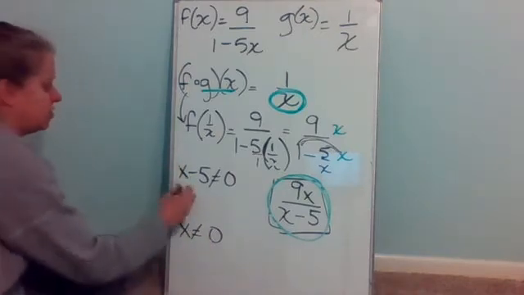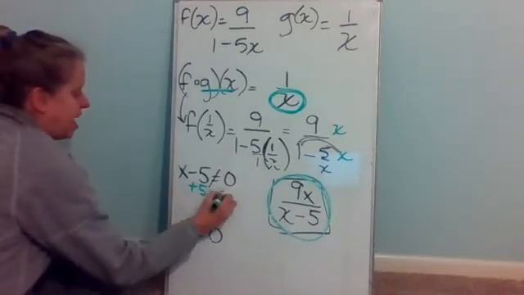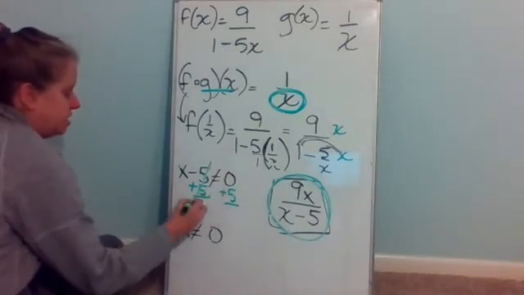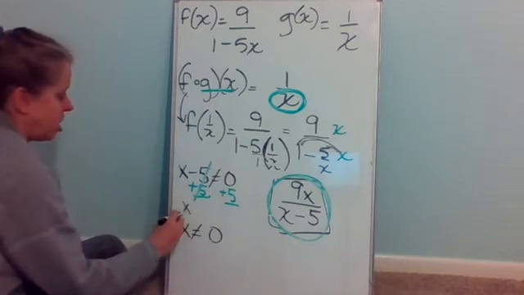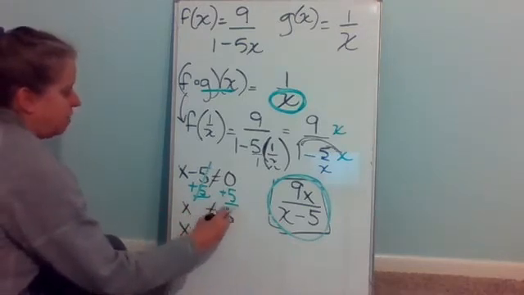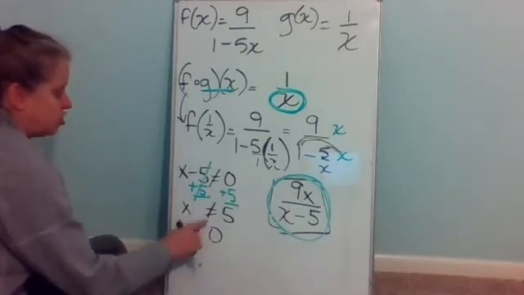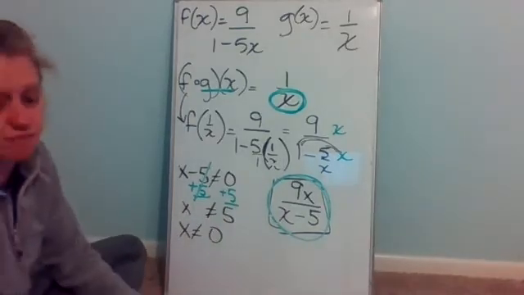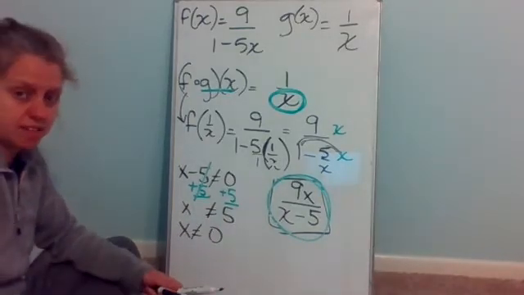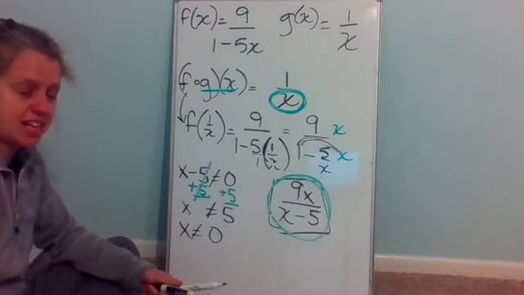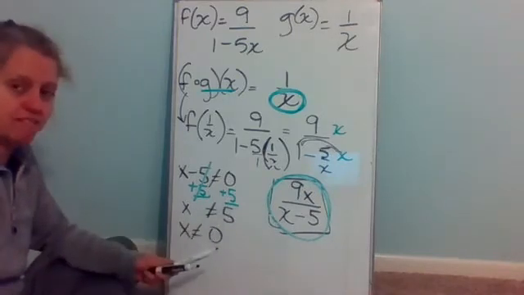All I have to do to solve this one is add the 5 to both sides. So now I know that x also can't equal 5. So here are my 2 restrictions, 0 and 5. So your domain can be anything but 0 and 5.